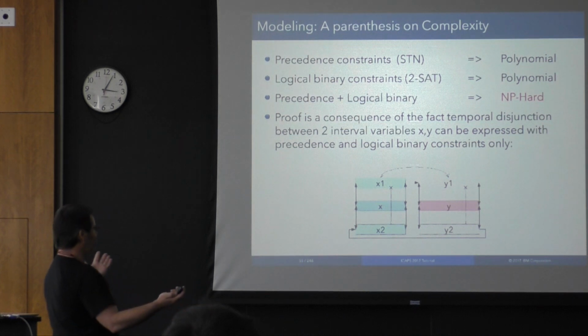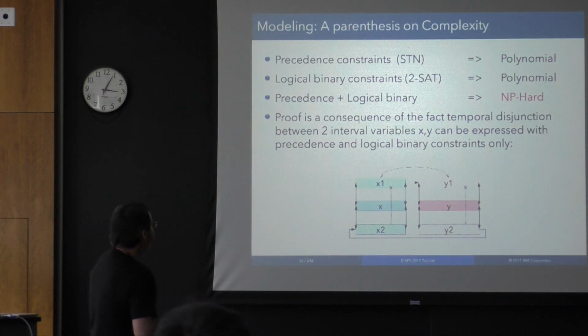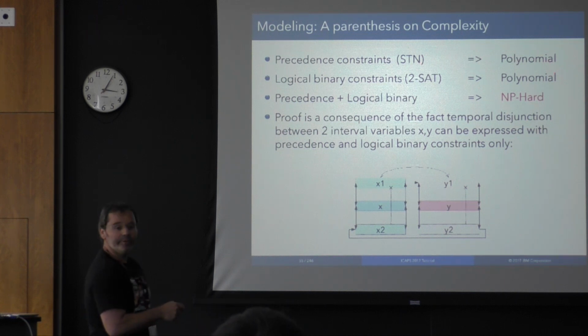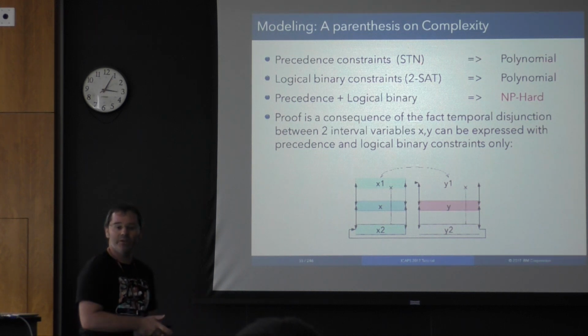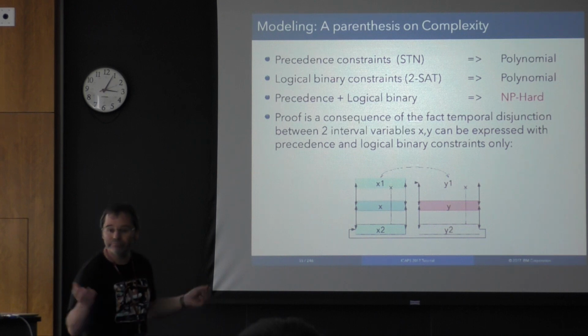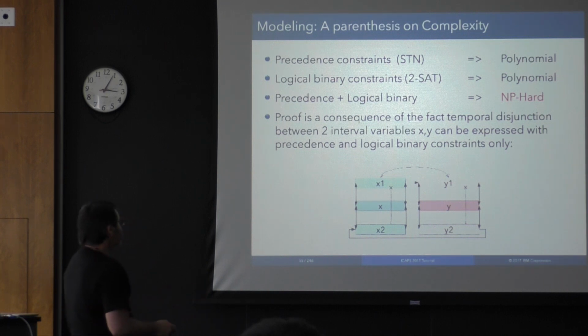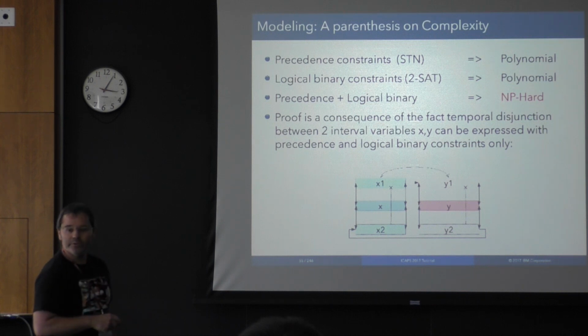If you look only at precedence constraints, so this is a simple temporal network, this is a polynomial framework. You can easily find a solution in a simple temporal network. If you only look at the logical binary constraints, it's also polynomial.